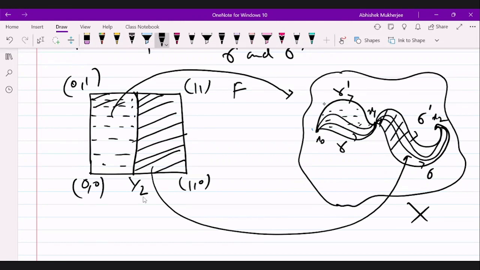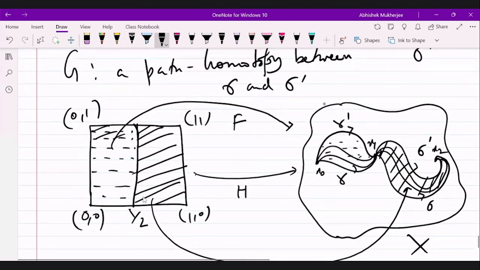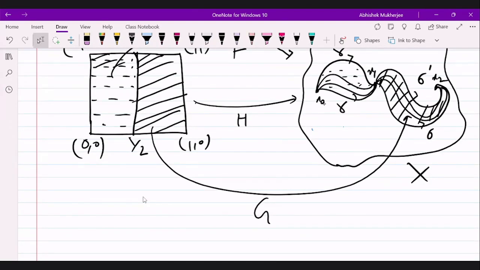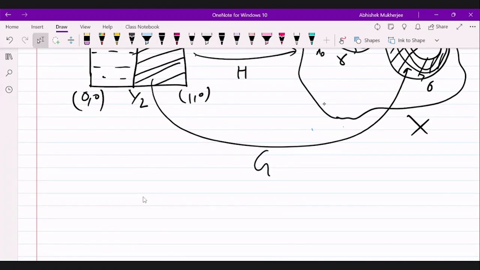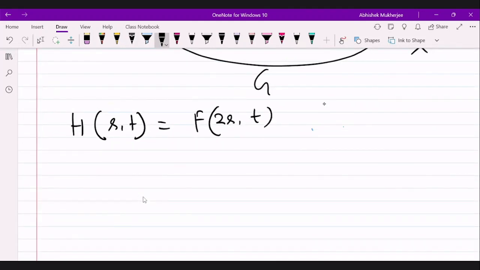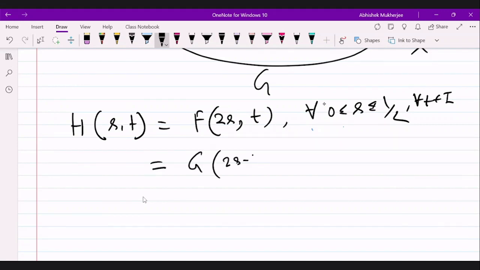This is G. So therefore, actually you are constructing a map H, that from 0 to half you are taking that F, and from half to 1 you are taking that G. That means H of s comma t is nothing but F of 2s comma t for all s belongs to 0 comma half, and t is in I. And for the other part it is G of 2s minus 1 comma t, for all s from half to 1. Great.